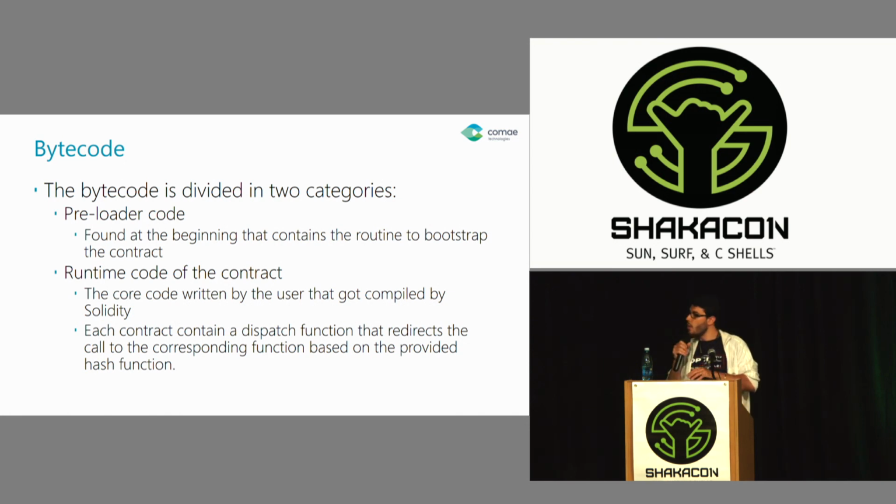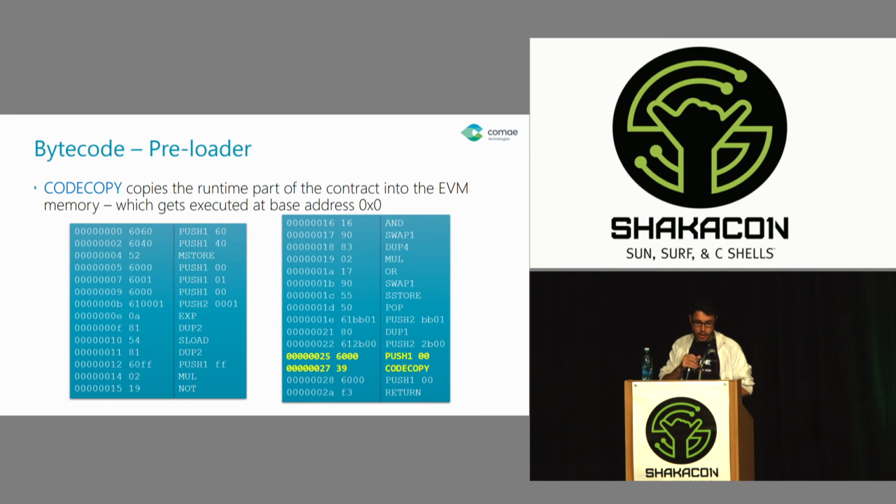So like I was saying, it contains the actual logic flow of the contract. The way it works is once you enter the preloader, you're going to have a big switch statement, like a dispatch table, that would redirect to each of the functions we defined. So here, what we see now is basically the preloader.